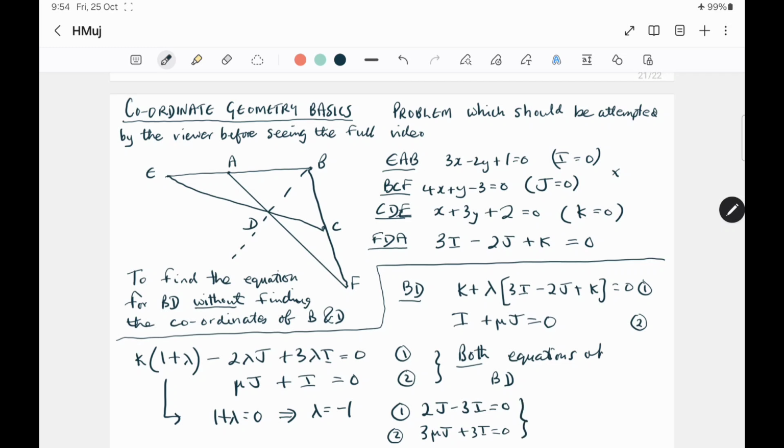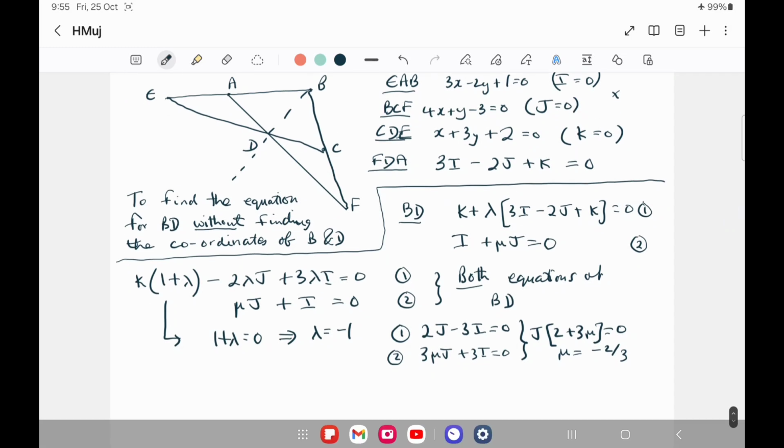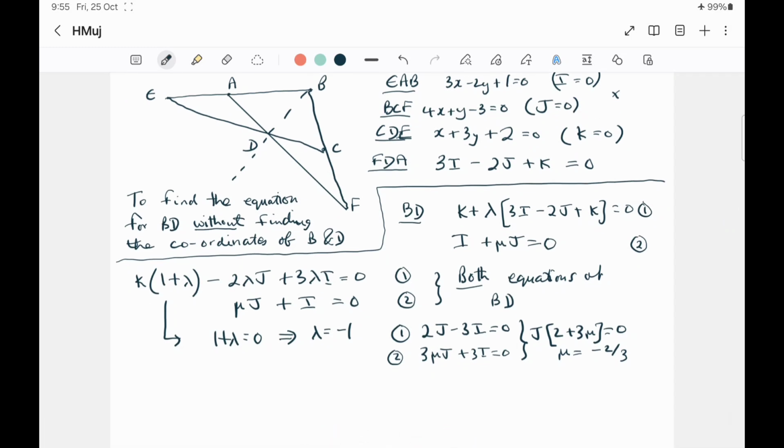And adding those up tells us that J into 2 plus 3 mu is 0. So mu is equal to minus 2/3. So all it needs now is to plug the values of lambda and mu into equation 2.